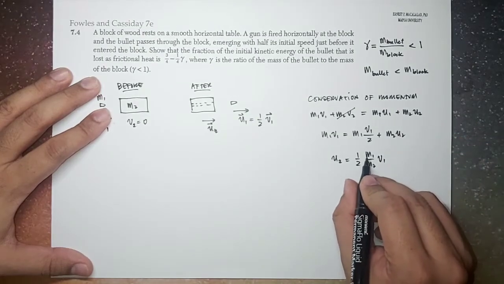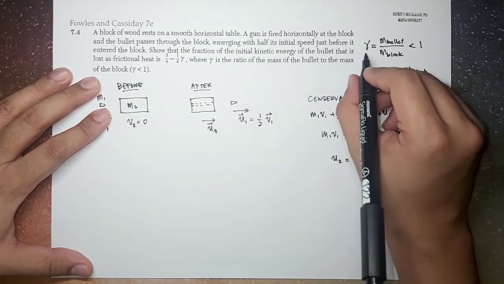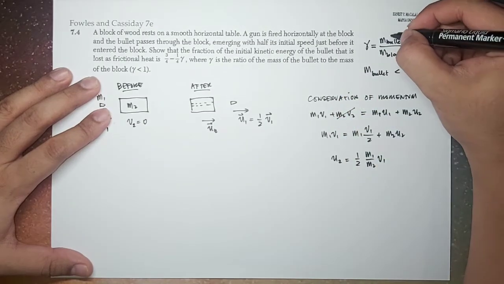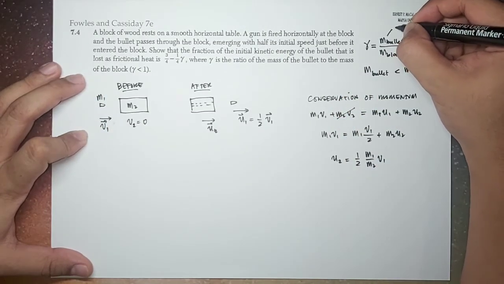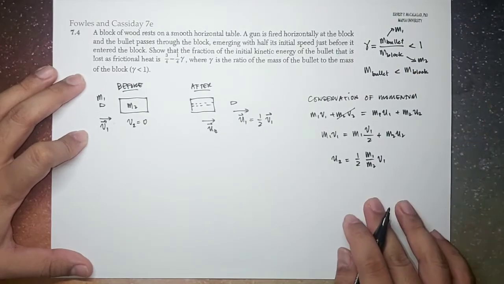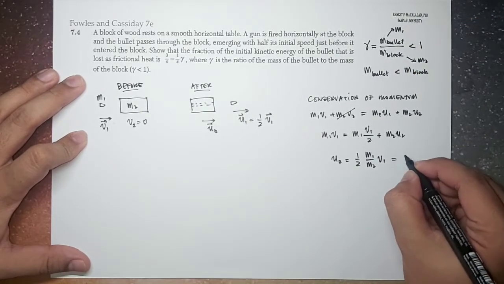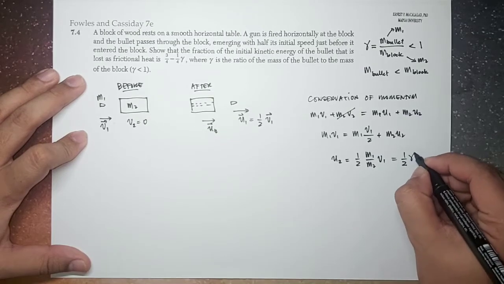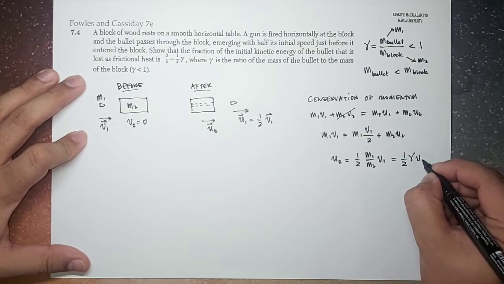We already know that m1 over m2 is gamma, since the mass of the bullet is m1 and the mass of the block is m2. So this is now equal to 1/2 gamma v1.